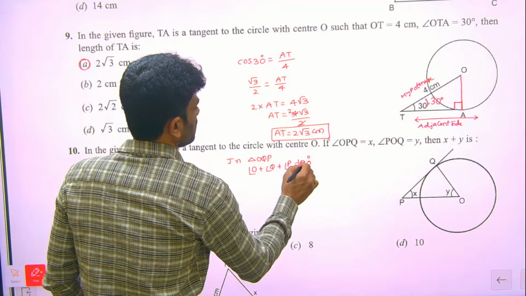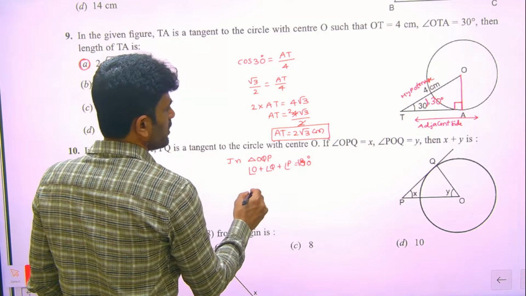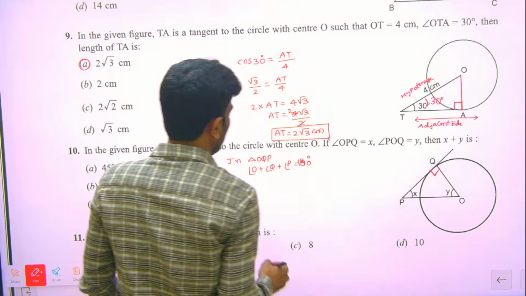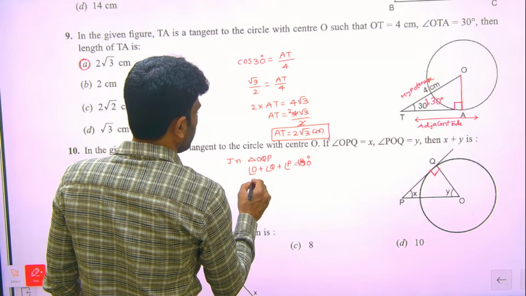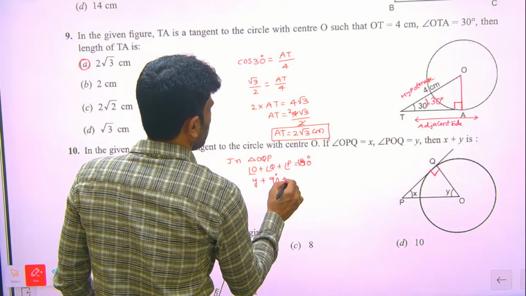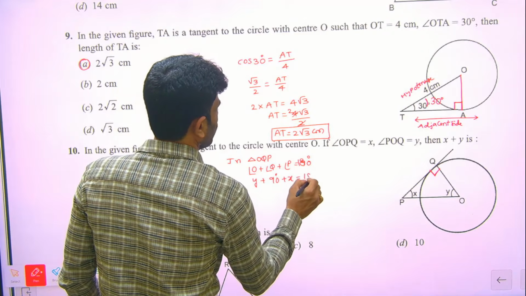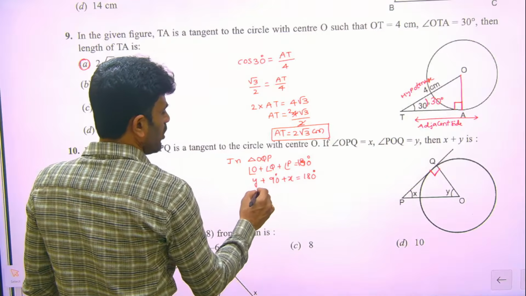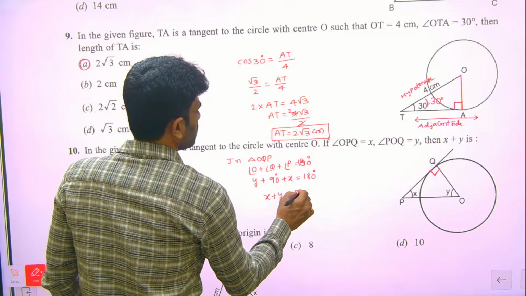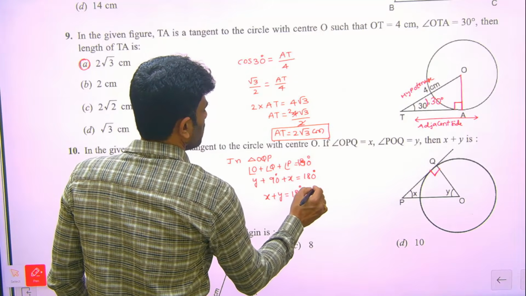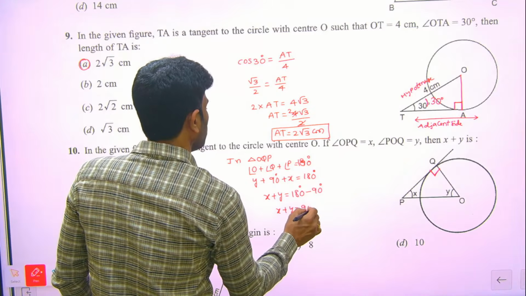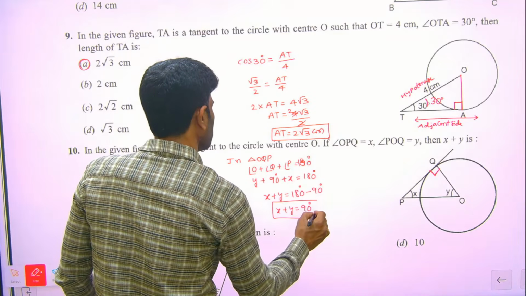In this 180 degrees, we already know angle Q is 90 degrees, and we do not know O is Y, P is X. So Y plus 90 plus X is equal to 180 degrees. Now we want X plus Y. X plus Y is equal to 180 degrees minus 90 degrees. So X plus Y is equal to 90 degrees.